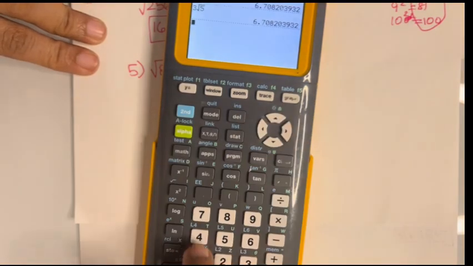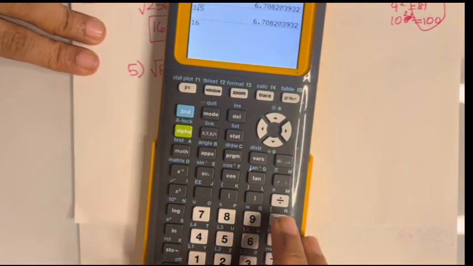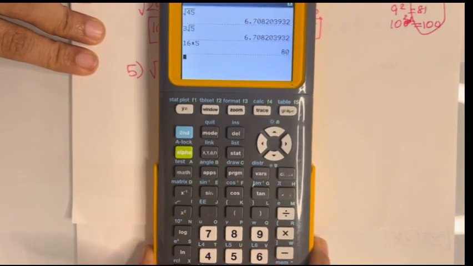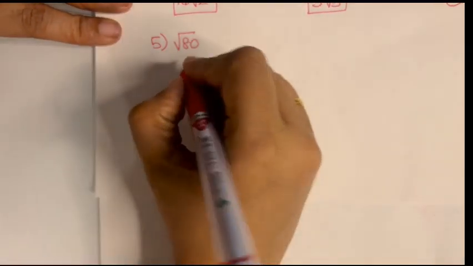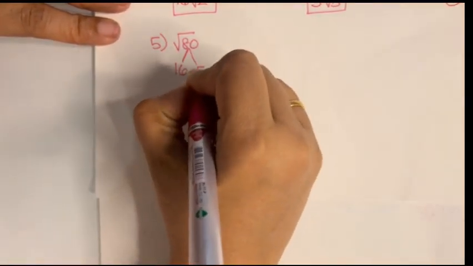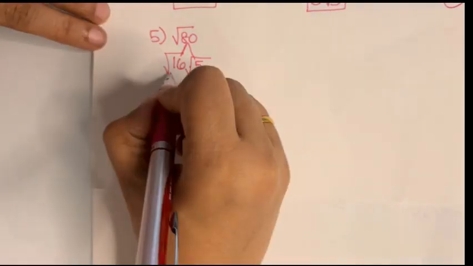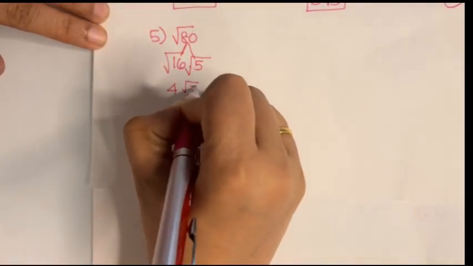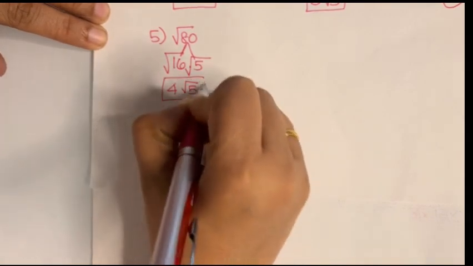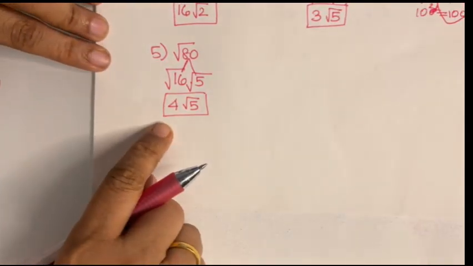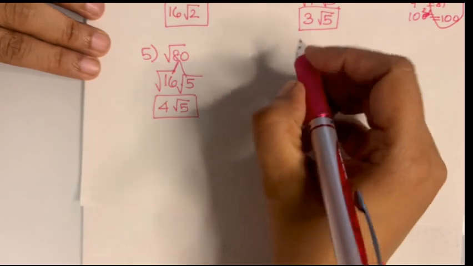If you want, give it a try in the calculator. 16 times 5 is 80. So we can write square root of 16 times 5. Square root of 16 is 4. Square root of 5 stays. This is the simplified radical for the square root of 80.